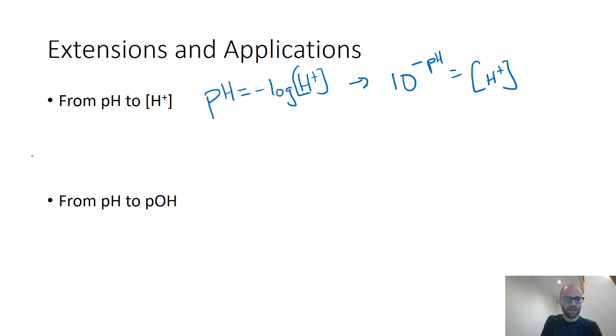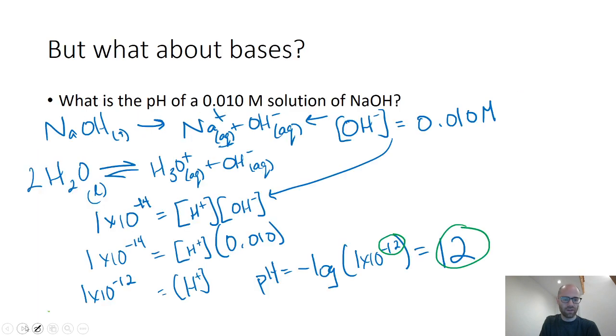This also means if the concentration of H plus is equal to 1 times 10 to the negative x, pH equals x, which is what we saw here. If you can write your hydronium ion concentration as 1 times 10 to the negative something, then the pH is the positive of that something.